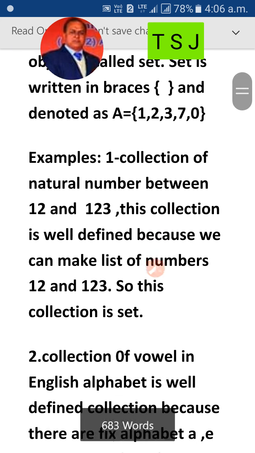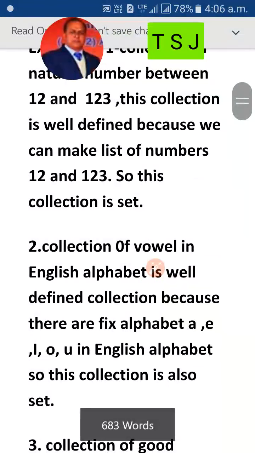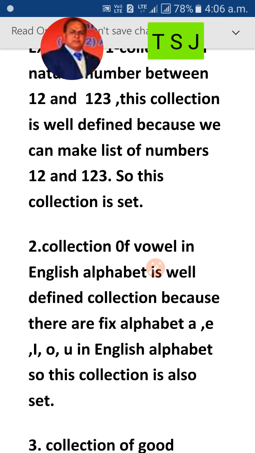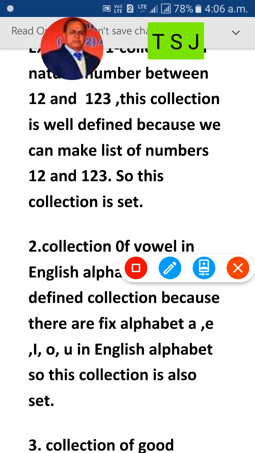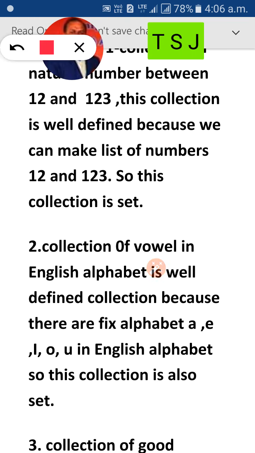Consider the collection of good teachers. It is not well defined, because in my view there is a different list of good teachers, and in your view there will also be a different list. So that collection is not a set.